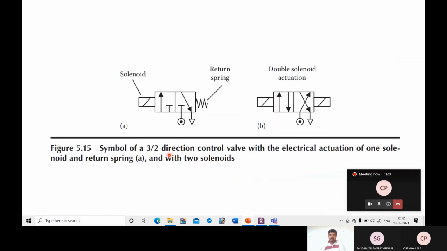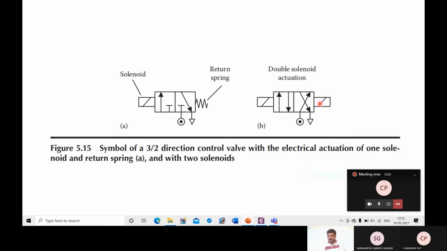Next is the symbol of a 3/2 direction control valve with electric actuation of one solenoid with spring return, and with two solenoids. If there is a spring return and there is no electric signal, automatically it will go back to the initial position. In case of double solenoid actuation, if it receives one signal, this position will get actuated and it will stay in that position only.